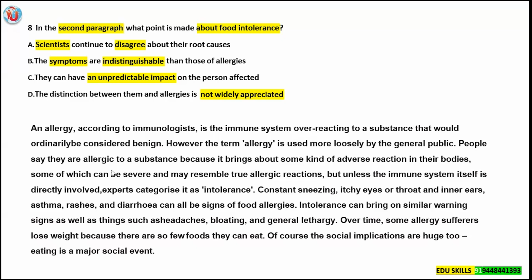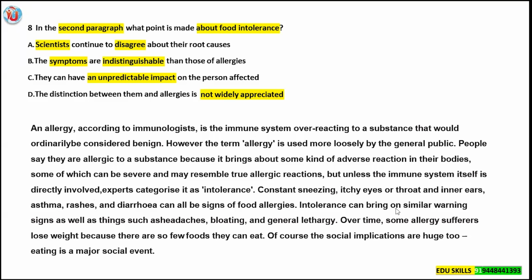People say that they are allergic to a substance because it brings about some kind of adverse reaction in their bodies, some of which can be severe and may resemble true allergic reactions. But unless the immune system itself is directly involved, experts categorize it as intolerance.